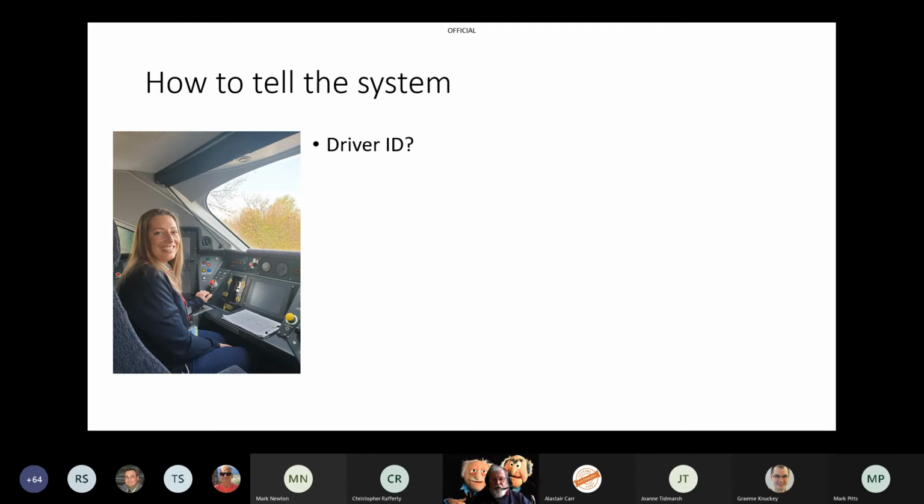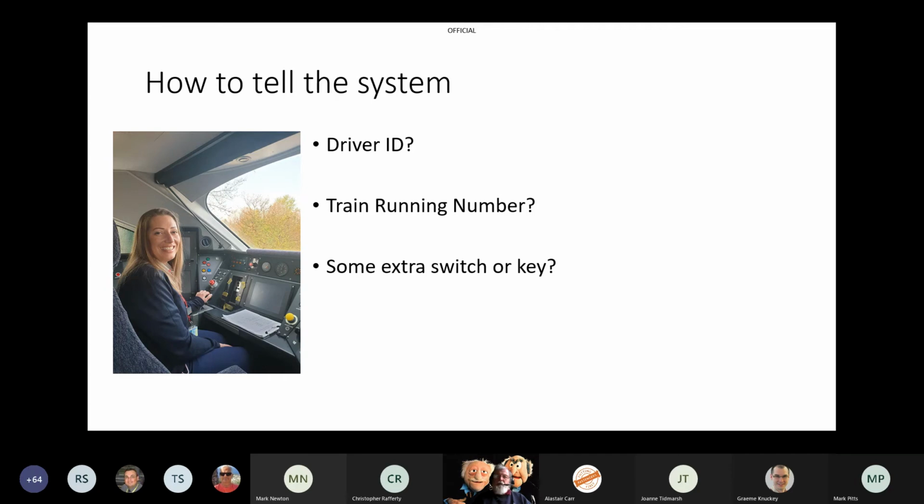So when a driver is passed out, you've got to update every train, and that doesn't really work. We thought, what about using the train running number or the head code? Well, that only works if you always have a qualified driver on certain trains and not on other trains. Doesn't work.